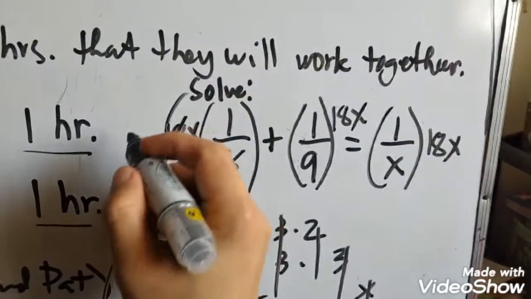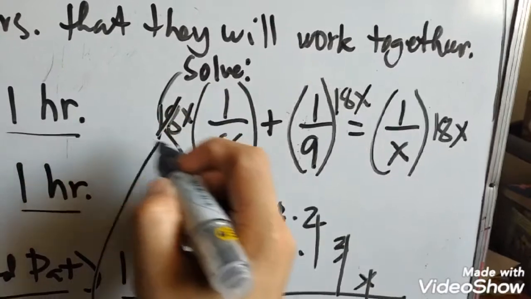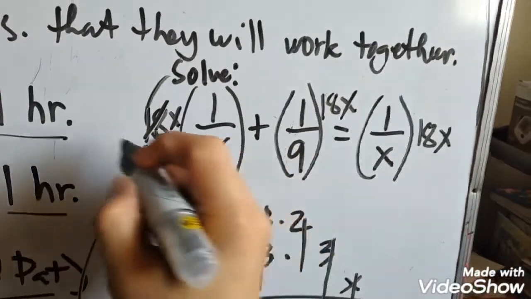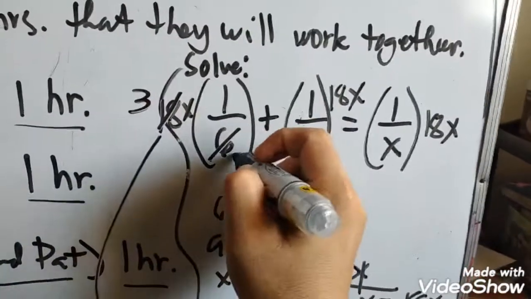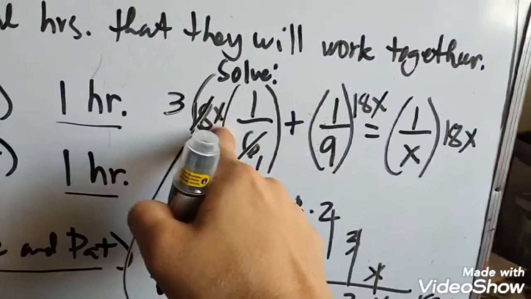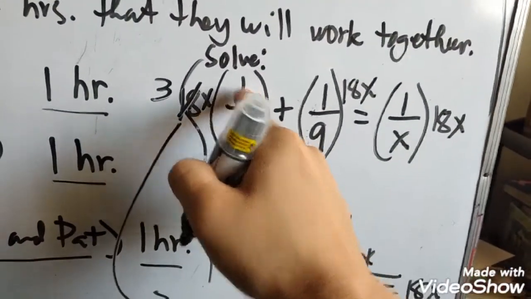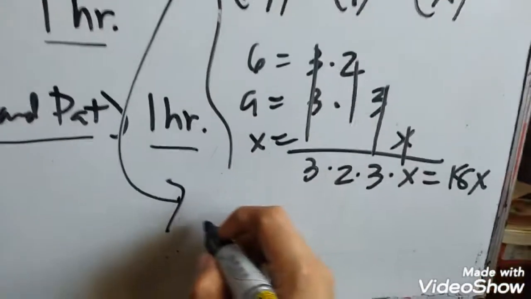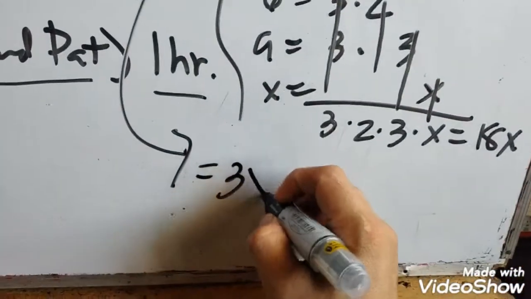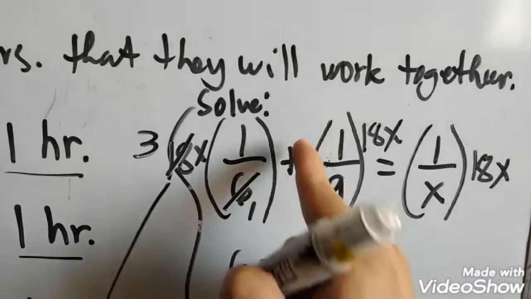So, ito ay magiging na lang 3. Okay? Ito wala na, 1 na lang yan. So, 3 times x, 3x times 1, so that is 3x all over 1, so that is 3x na lang. Plus.